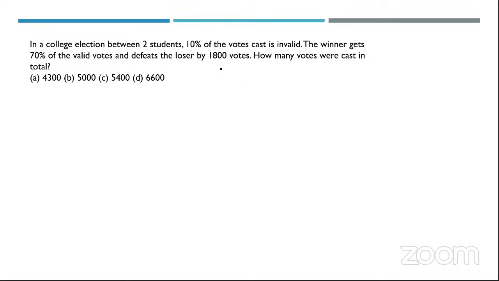I'll say that as how many votes were cast in total. So I'll assume total number of votes as 100 or 1000, whatever you want to assume. Try to solve this by unitary method.